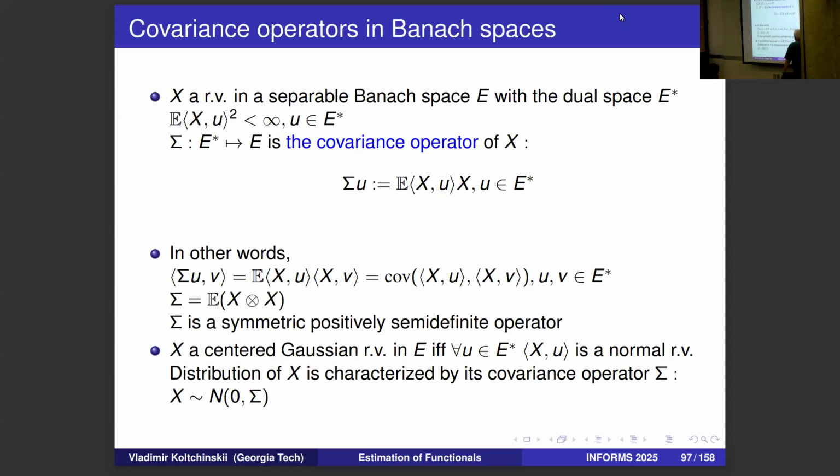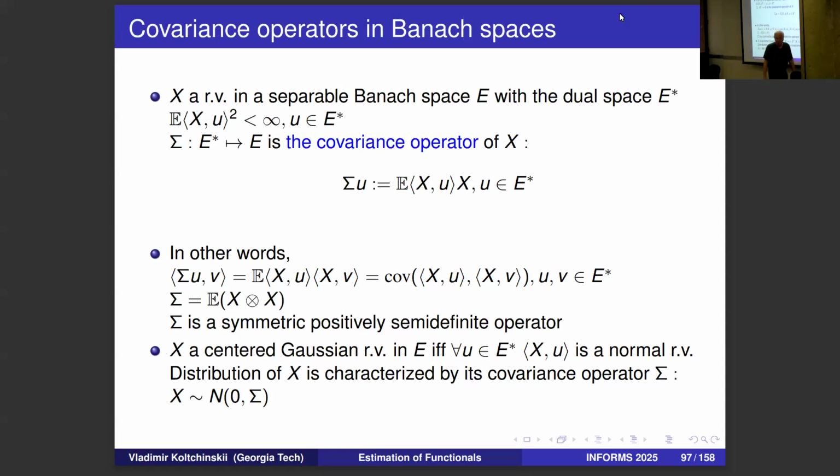It could be an arbitrary Banach norm, and then there is a dual space E star, and the covariance operator is an operator from the dual space into E that is defined by this expression, right? In other words, the covariance operator is the operator whose bilinear form gives us the covariance between two linear forms of X, u and v.